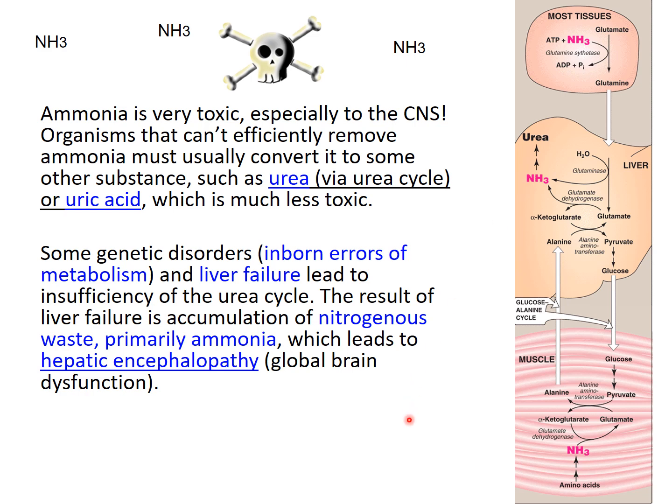Inborn errors of metabolism, this big group also contains urea cycle disorders when ammonia is overproduced, leading to very big problems with the brain, with the central nervous system. Hepatic encephalopathy will result in brain damage.